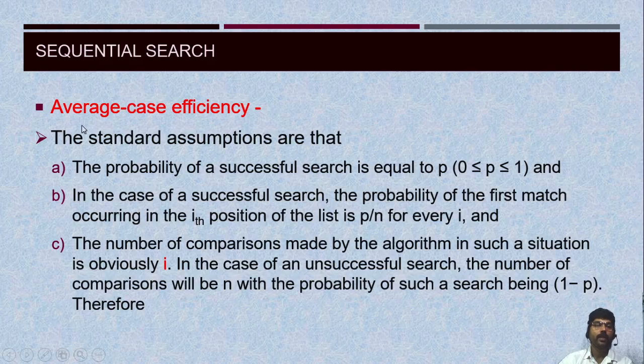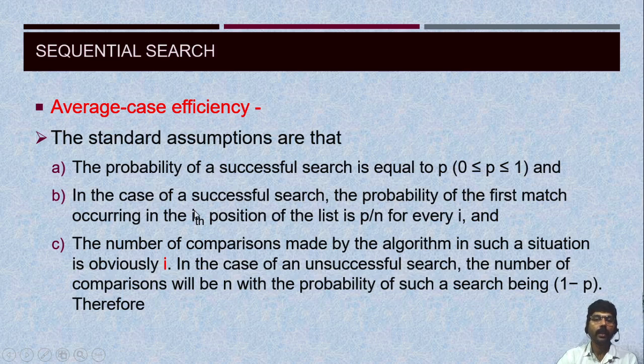Now the last one is called the average case efficiency of the sequential search. The standard assumptions are that the probability of a successful search is equal to p, where p is between 0 and 1.